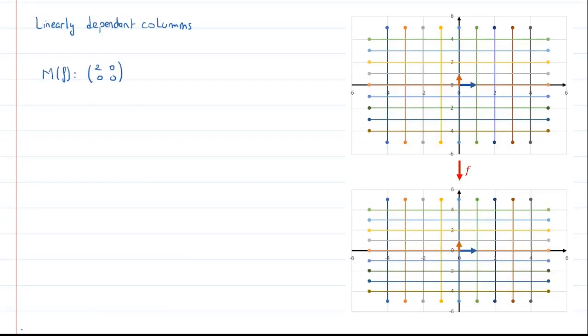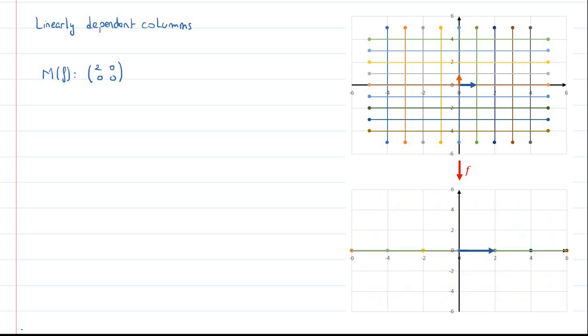Let's take, for example, a linear map whose matrix is 2, 0, 0, 0 of rank 1. So we have two columns that are dependent. So this matrix will expand the first component by a factor of 2, but it will make the second component vanish, as you can see on the figure. So the two-dimensional space will collapse into one axis.